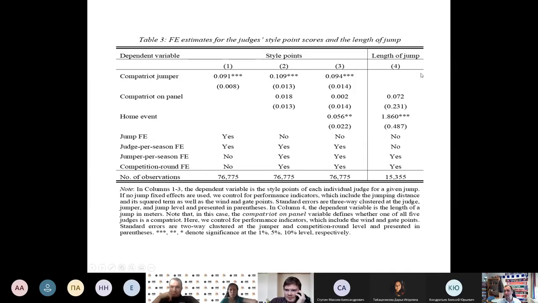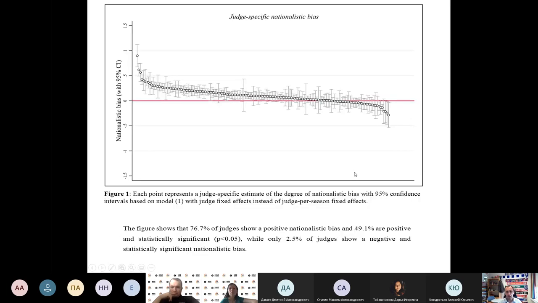And then we showed what can explain that: there is home advantage, and people, in fact, perform better at home. We use length of jump as an outcome variable, and we really see that at home they jump more. So the home variable is very important and we have to include it, which other papers didn't do.